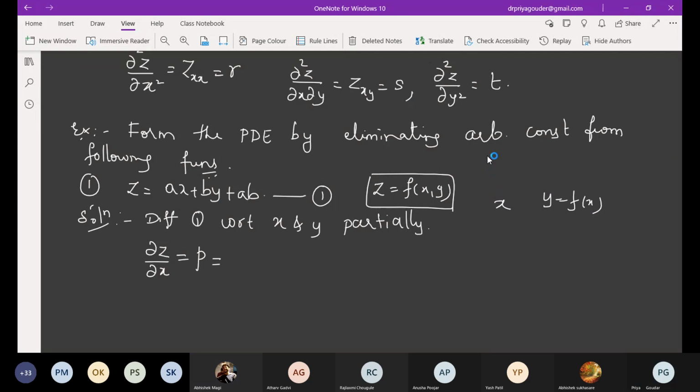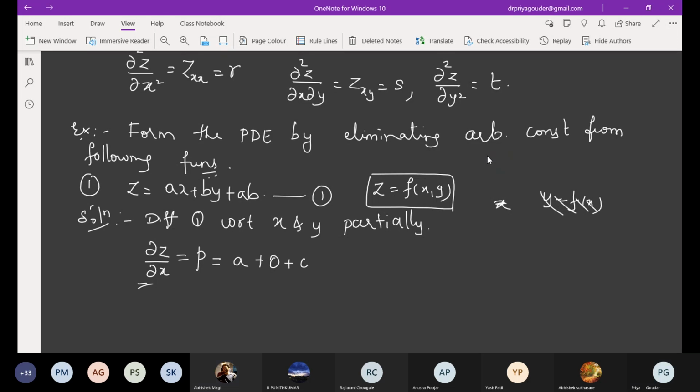A. Derivative of BY with respect to x? B into dy by dx, which is zero. Partiality is partial. This is to justify this. Don't get confused. X and Y are not depending on each other. They are free. Z is depending on x and y. Now tell me what is AB with respect to x?